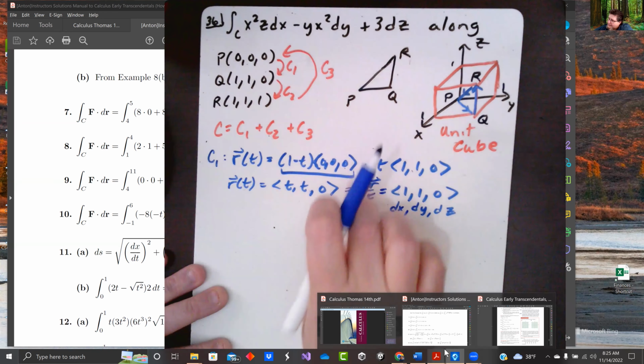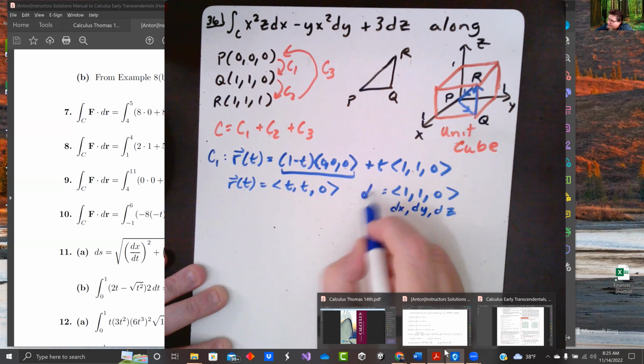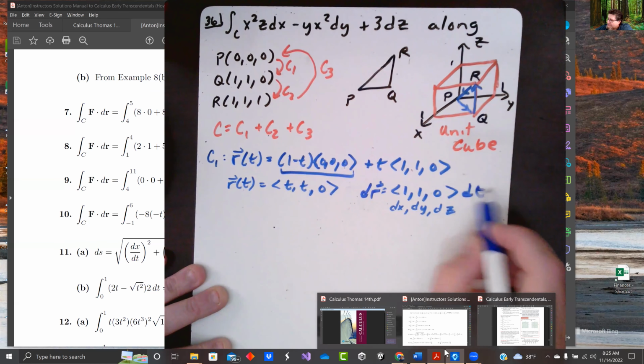If I write this, I don't want an equal sign there. There we go. Dr is 1, 1, 0 dt.